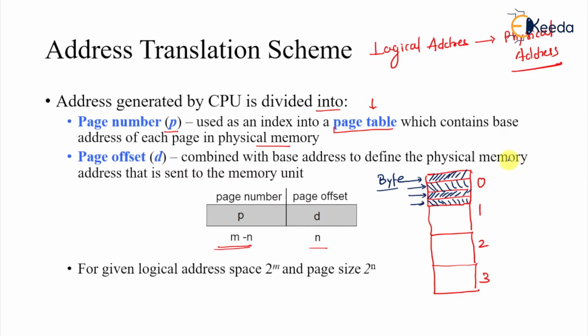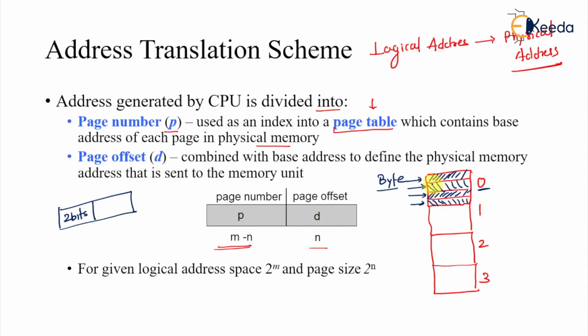Now we have the page number. There are 4 pages, and for that you require 2 bits in the page number part.